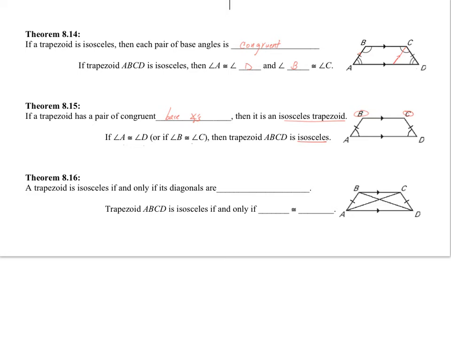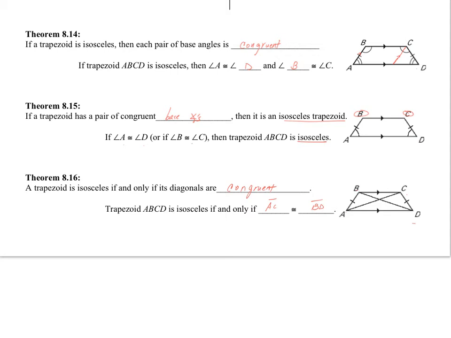In theorem 8.16, a trapezoid is isosceles if and only if its diagonals are congruent. So again, trapezoid ABCD is isosceles if and only if AC is congruent to BD.